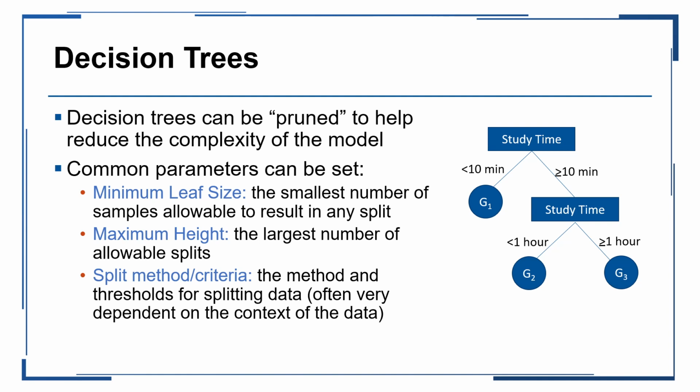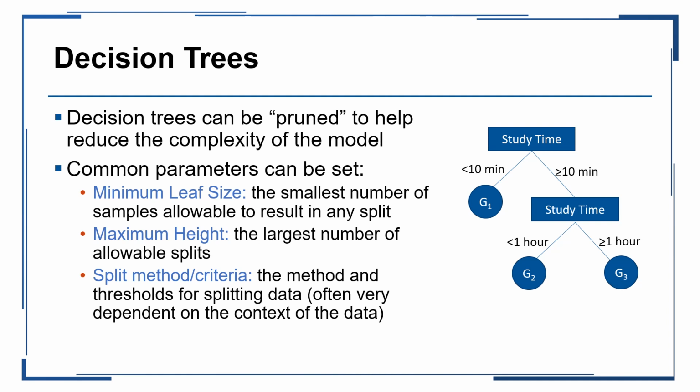There are a few modeling decisions, or hyperparameters as they're commonly referred to, that need to be set when training decision trees. Among these, the application of pruning is a common practice which can help reduce the complexity of the model. This is particularly helpful as these models can be prone to overfitting, where the model is more complex than is needed to represent the relationships in our data.